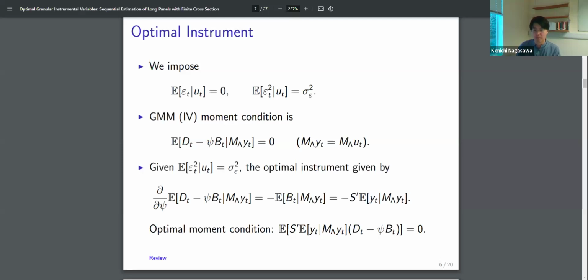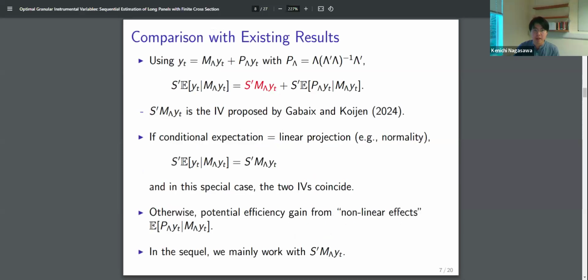To explain the connection between our result and the original result, I'm going to decompose these disaggregated capital flows into two parts. The first part is the projection onto the orthogonal complement of the span of lambda, and the other part is the projection onto the span of lambda. This is just an algebraic identity.